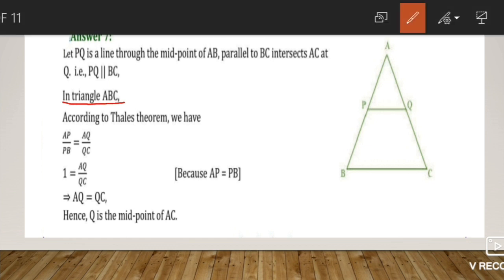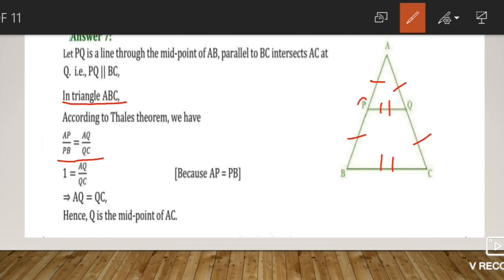Now in triangle ABC, according to the BPT theorem, why am I using the BPT theorem? Because PQ is already parallel to BC, given by the statement of the midpoint theorem. Since they are parallel to each other, by using the BPT theorem, you can say that AP by PB is equal to AQ by QC.